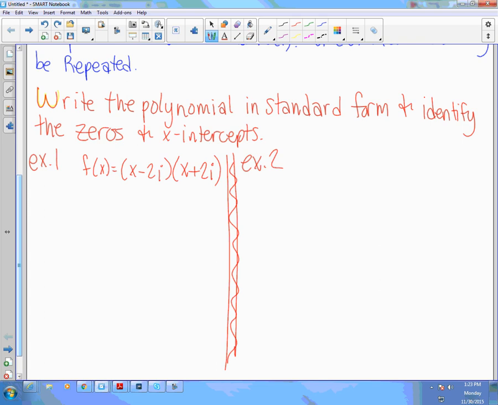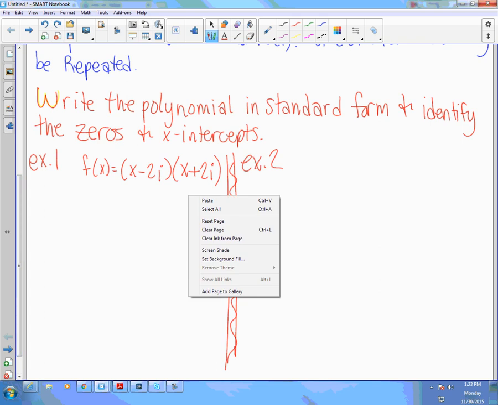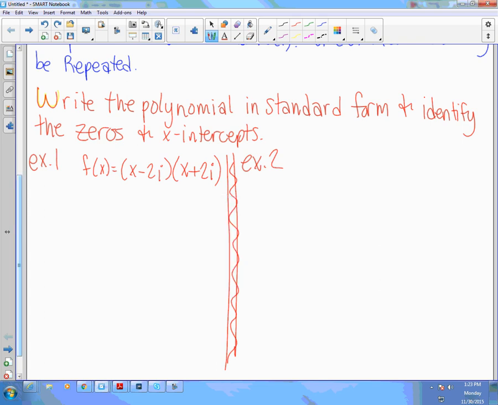First of all, in standard form. So we have 2 factors in parentheses being multiplied. How do we go from factors to standard form? Distribute. You guys distribute that? Okay, look at yourself, distribute. You have to watch out when I see i's in there.